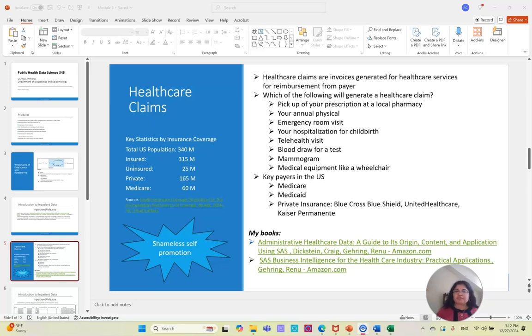A huge player in this market is Medicare, which insures about 60 million people. Medicare has two parts. Medicare Advantage, in which Medicare contracts with a third party, a private health insurance like United Healthcare, Kaiser Permanente, etc., to administer the program, and Medicare fee-for-service, in which Medicare administers the program.